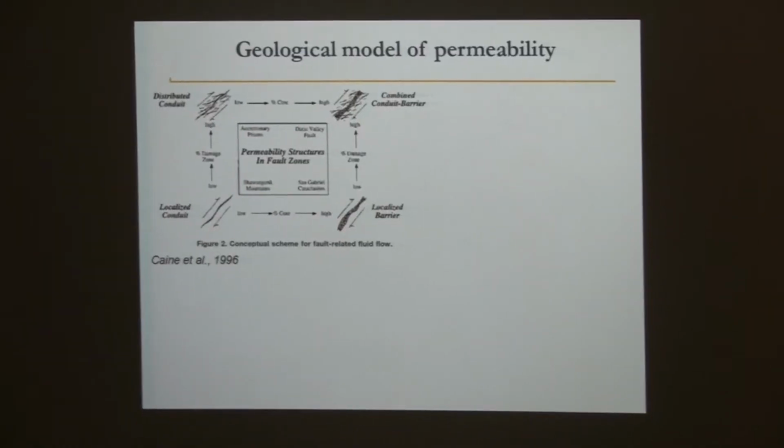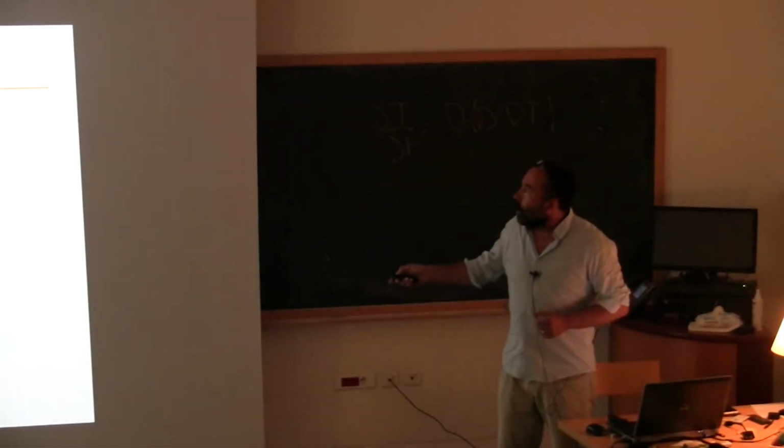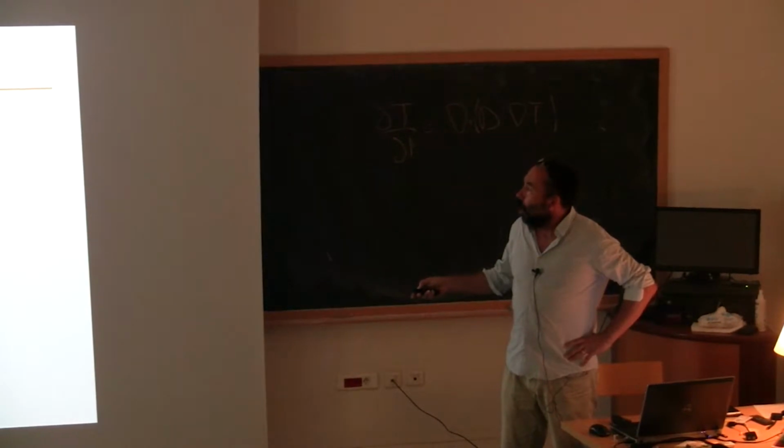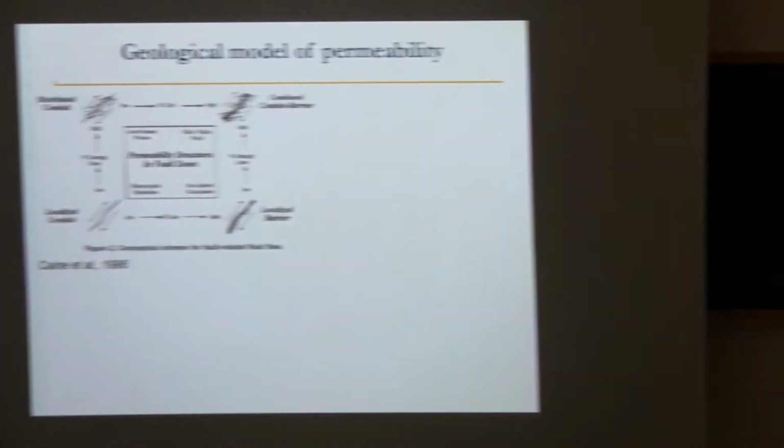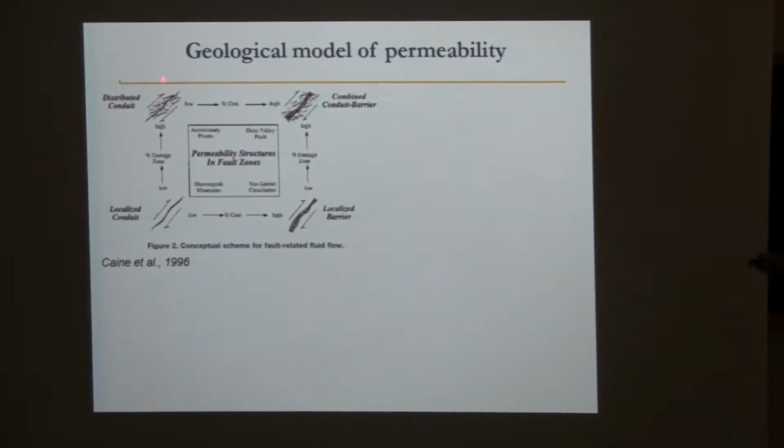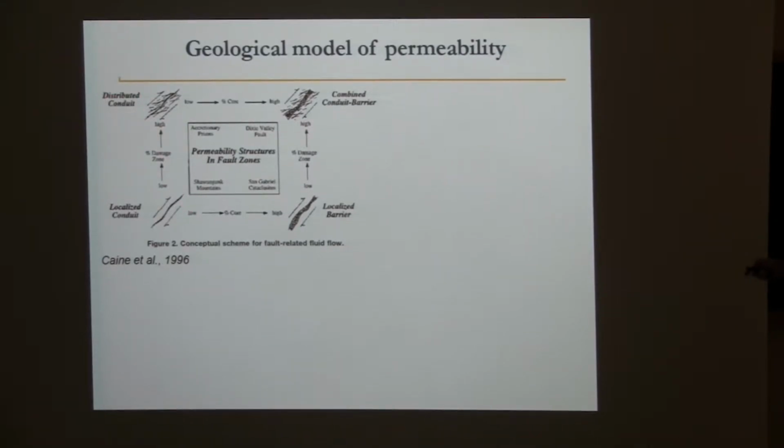This has been conceptualized by geologists, and for instance here you see typically what you can have depending on how well developed the damage zone is and how well developed the core is. So typically you may have what is called a localized conduit, which may give rise to permeability, but it's a very localized system.